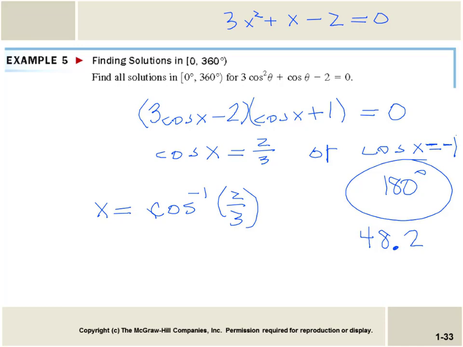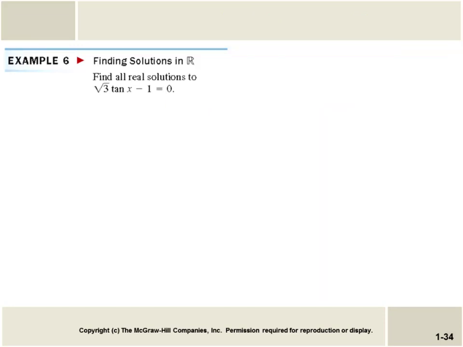It's a pretty basic thing in Alex. You just have to remember to put it in. For this one, I just rounded it. It'll tell you in Alex how to round it. So there's my two solutions, either 180 degrees or approximately 48.2 degrees. Is everybody with me? Good? All right.